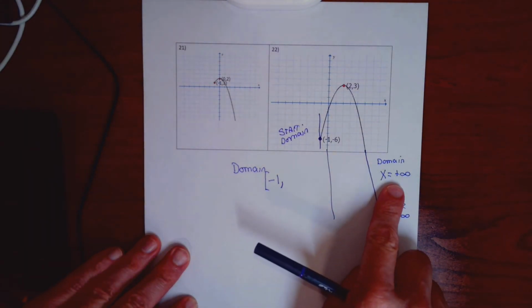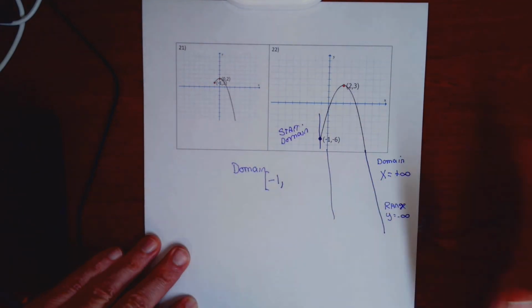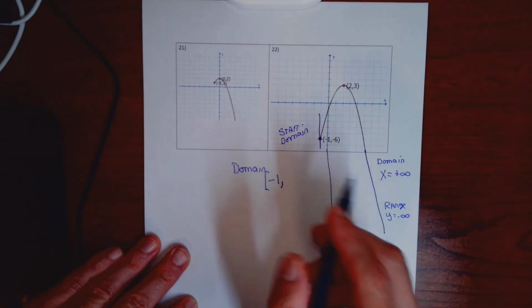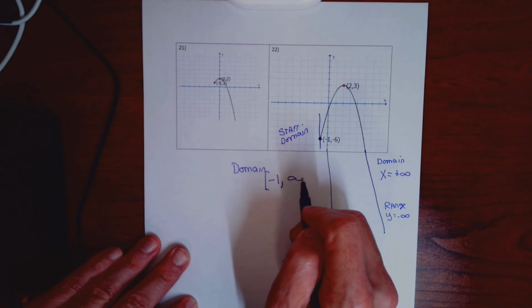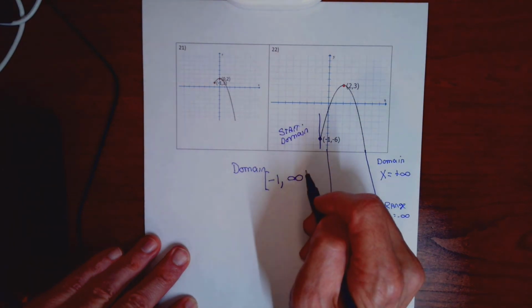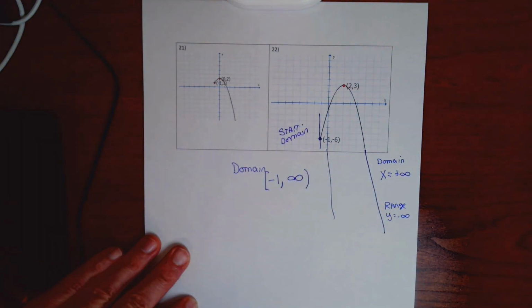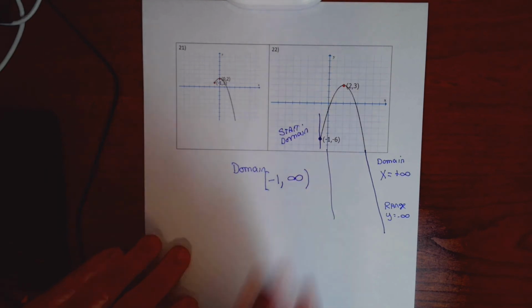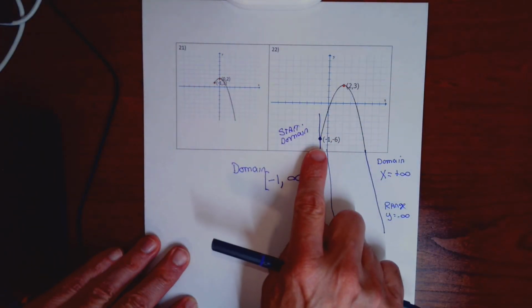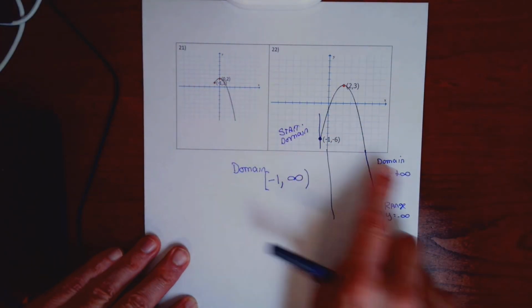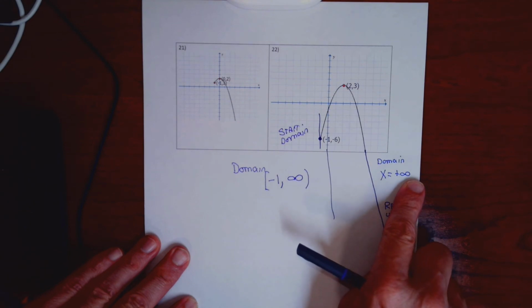For the end of my domain, this is where the infinity is going to come in, because I go left to right. There isn't a right edge of the graph. I'm going to put an infinity in for the end of my domain. Infinities always get round brackets. So I read from left to right. The left edge was fixed, so it got the -1. The right edge is where my infinity came up.